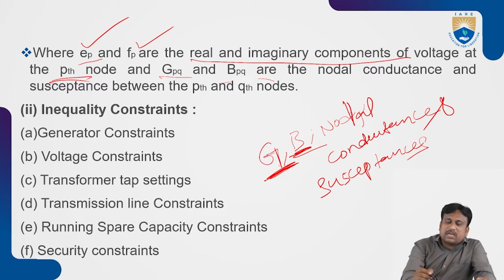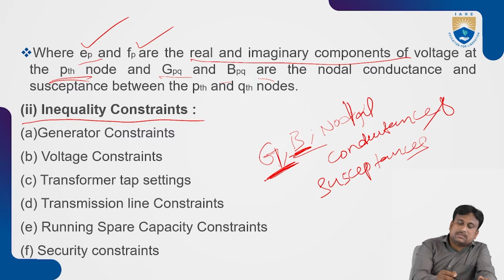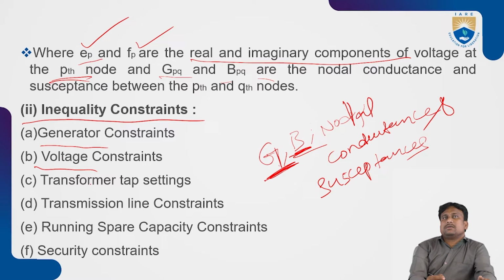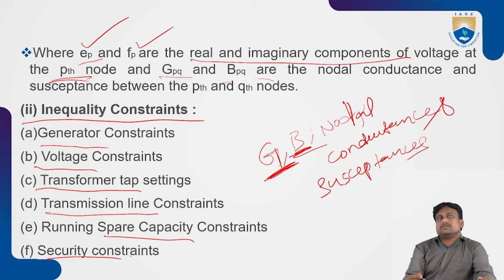Next, coming to inequality constraints. What are inequality constraints? The constraints which contain generator parameters, voltage parameters, transformer tap setting parameters, transmission line parameters, spare capacity constraints, and security constraints.